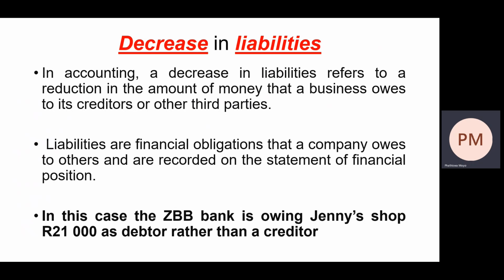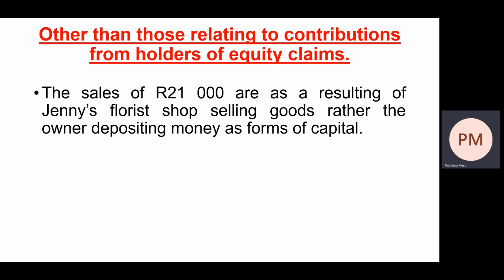You're just not going to leave it blank, you make the marker understand that you know your story. Other than those relating to contributions from holders of equity claims: the sales of 21,000 are a result of Jenny's florist shop selling goods rather than the owner depositing money as capital.